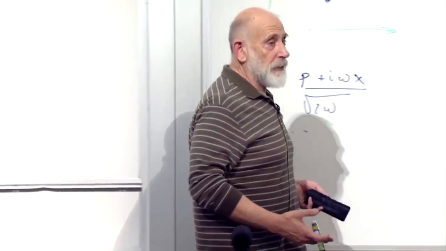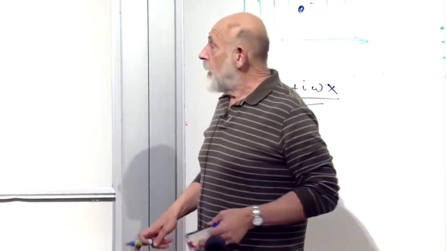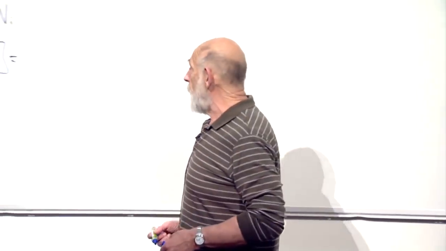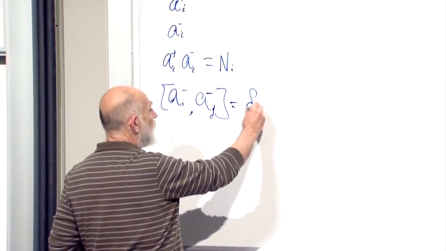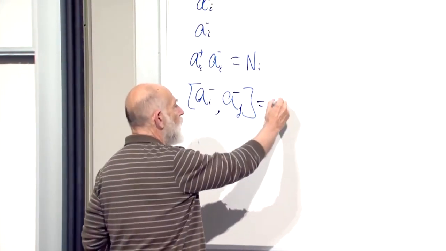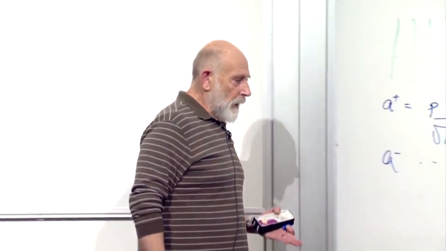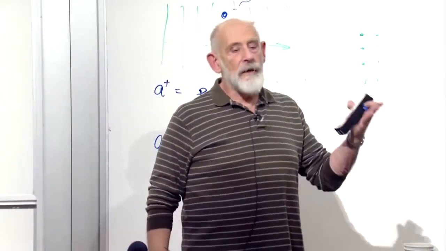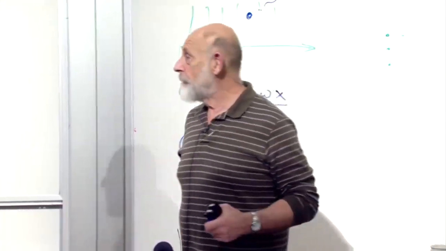If we're talking about different oscillators, they must commute. But if we're talking about the same oscillator, then the commutator should be exactly the same as it was for the single oscillator case, namely 1. So how do we write that? We write that by putting the Kronecker delta over here. All that means is zero. Annihilation operators all commute with each other. Even for a single oscillator, the annihilation operator commutes with itself because everything commutes with itself.